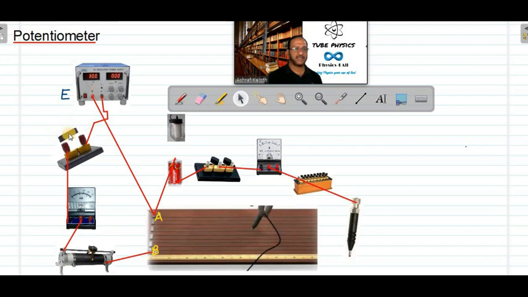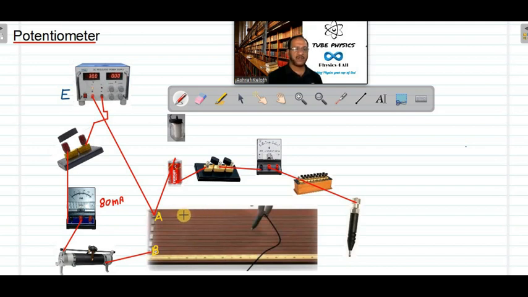After inserting the key, ammeter reading here, adjust the ammeter reading. Usually in our lab we used to keep this ammeter reading 80 milliampere, so as to get the balancing point at the middle of this potentiometer wire.